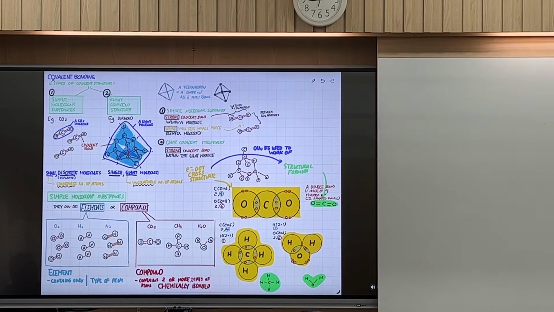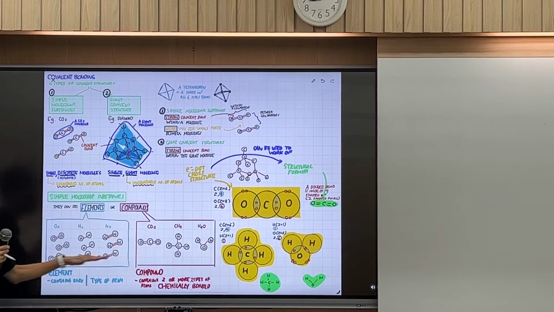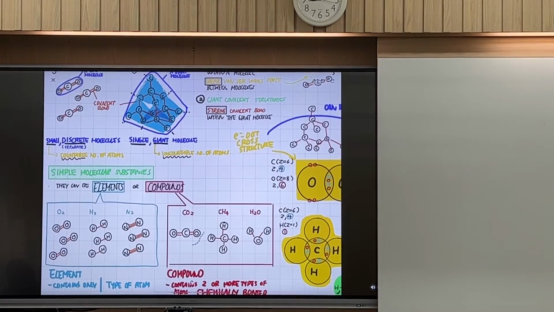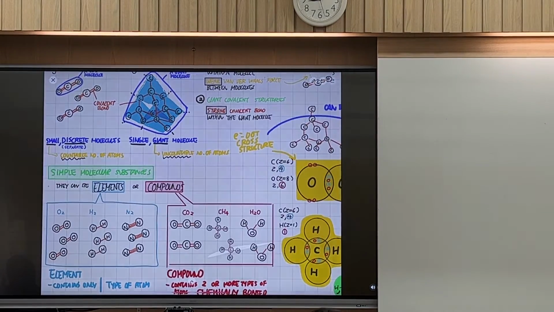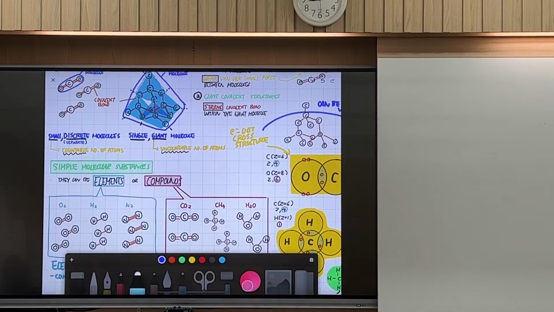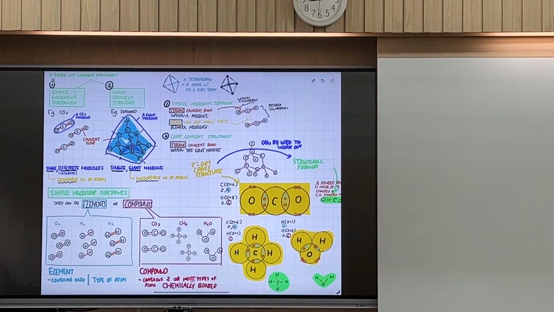So next up, on the next page, I want you to put down another big title here. In here, we just explore simple molecular structures or simple molecular substances. They are all simple because for CO2, when you draw two CO2 around each other, when you draw two CH4 around each other, when you draw many H2O molecules around one another, what do you see? Do you see strong covalent bonds within molecule?